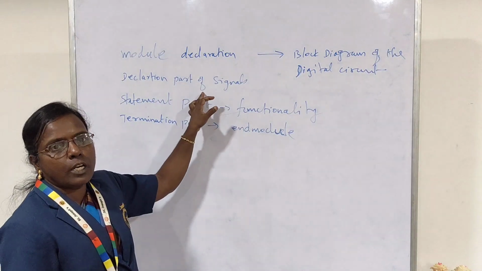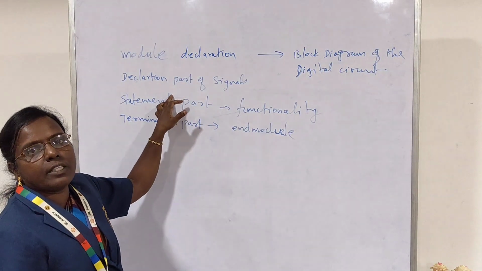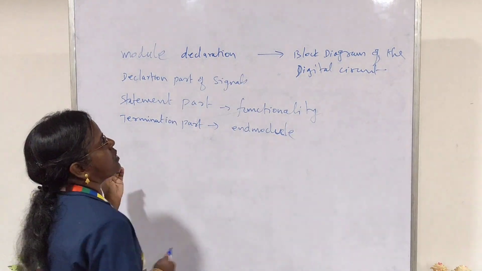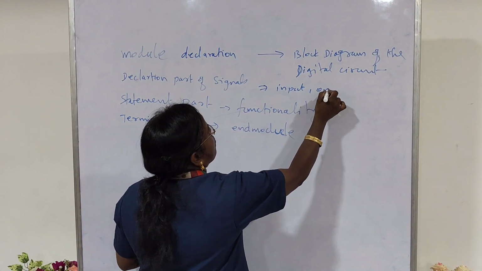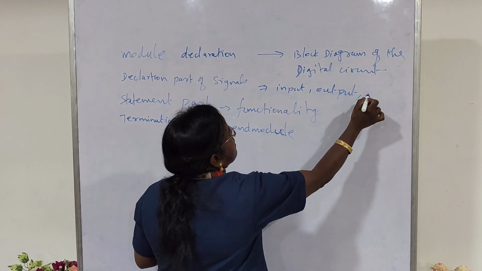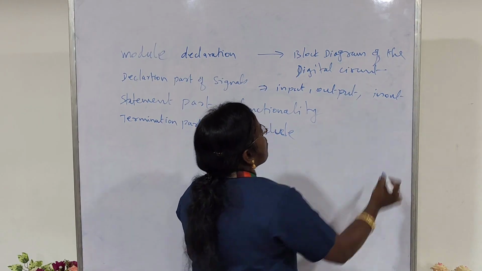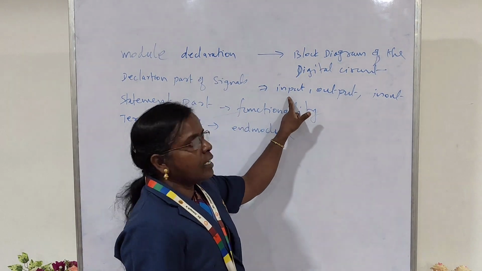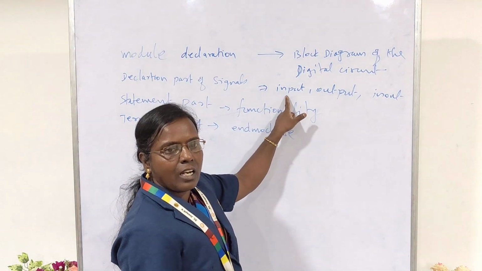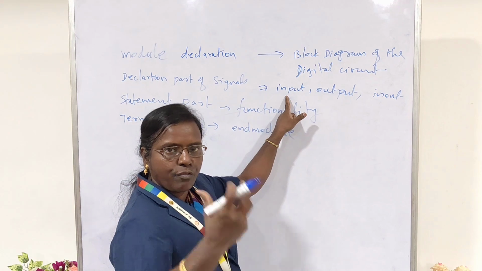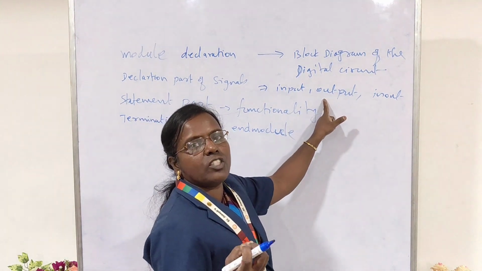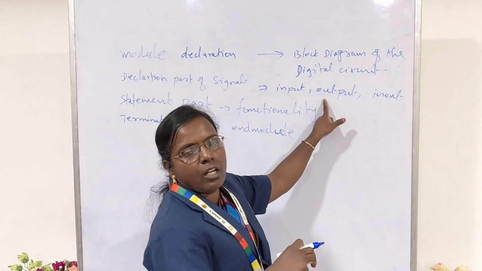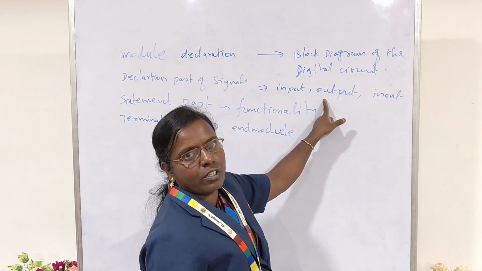Then the input and output signals can be declared with the keywords input, output, as well as inout. The input keyword gives the details of a signal which receives information from the external world, and output is a signal which sends information from the design unit to the external world.